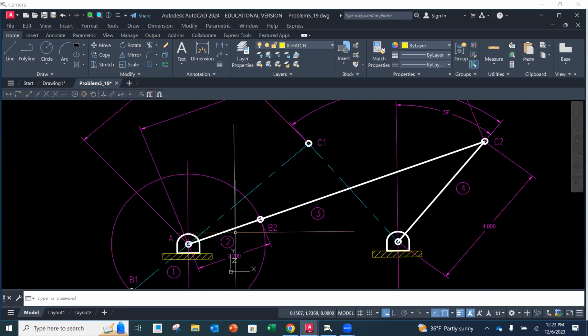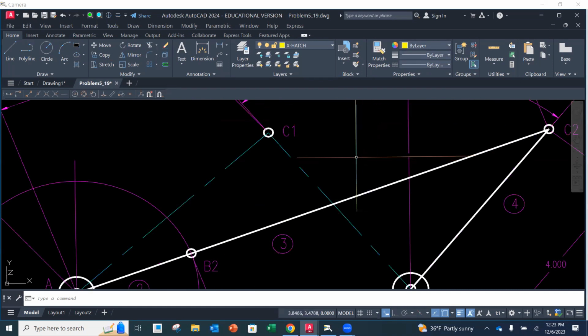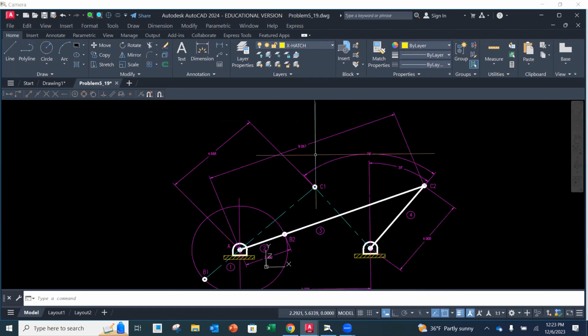So now I need to measure all the way along A to C2. And I believe I have that number right here. It's 9.067. So I'm going to use that equation to find the length of L2.